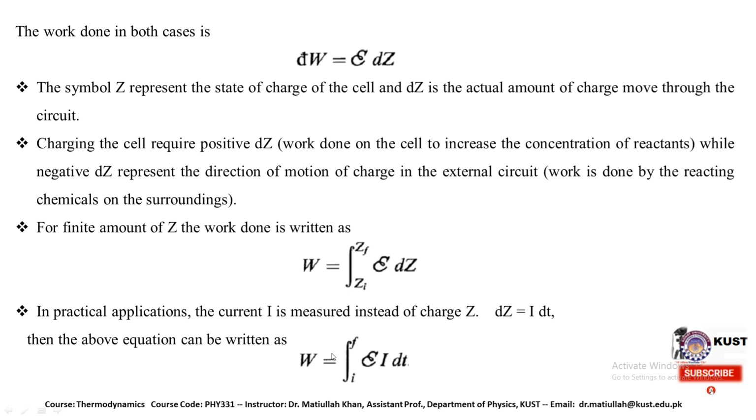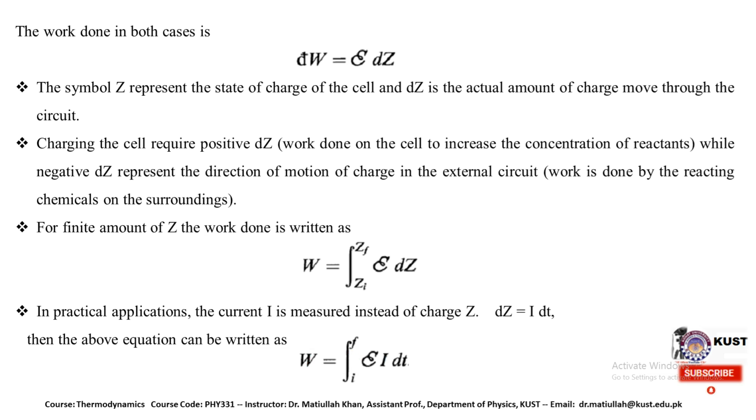So this equation could be written, for the charge particles moving through the external circuit to charge or discharge the battery, as the work done W equals the integral from i to f of epsilon I dt. So this is the amount of work done in charging and discharging the battery.